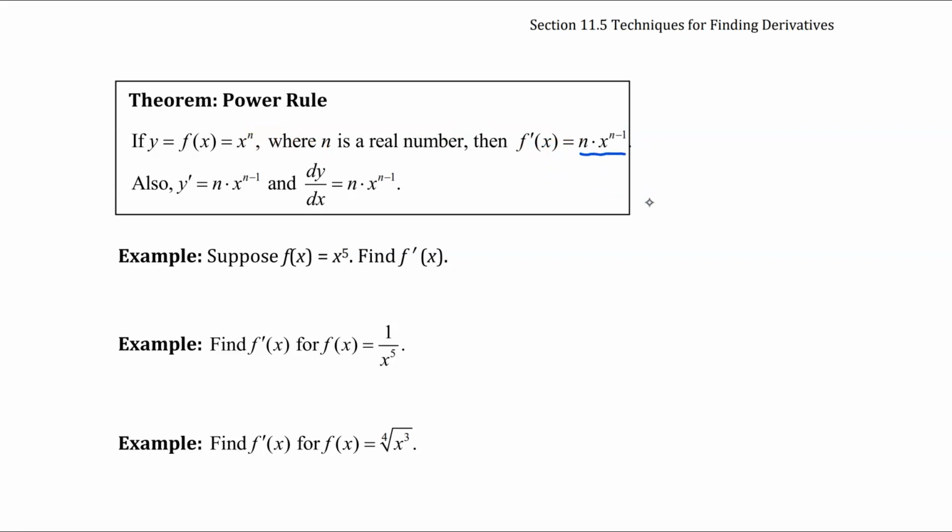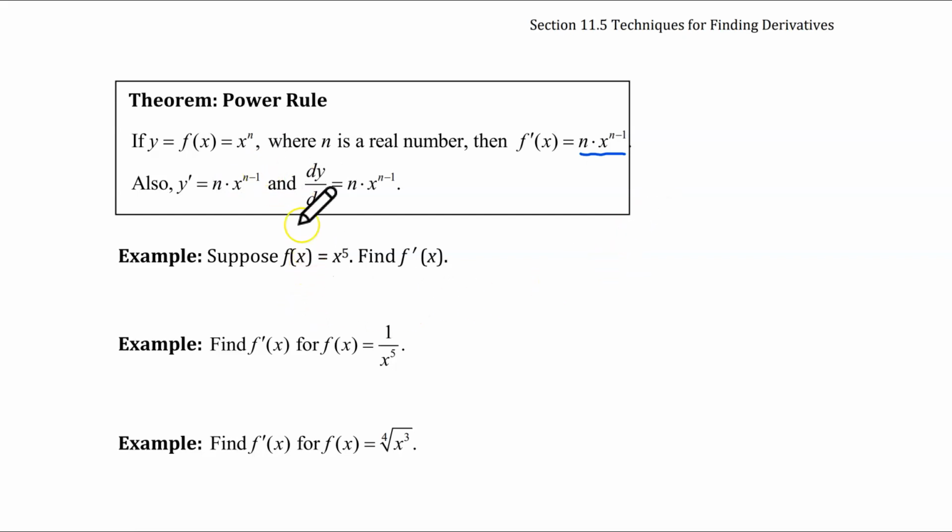So the rule is you can take the power here, bring it down as a coefficient of x, and then subtract 1 from the exponent. So therefore you have n x to the n minus 1 as your rule for the derivative of x to the n.